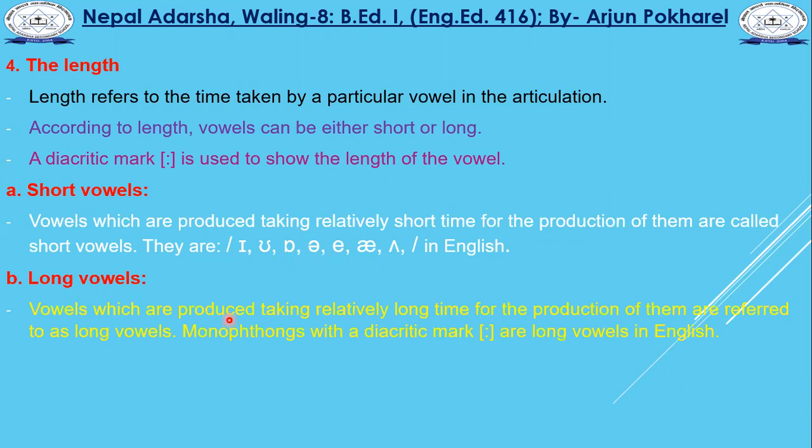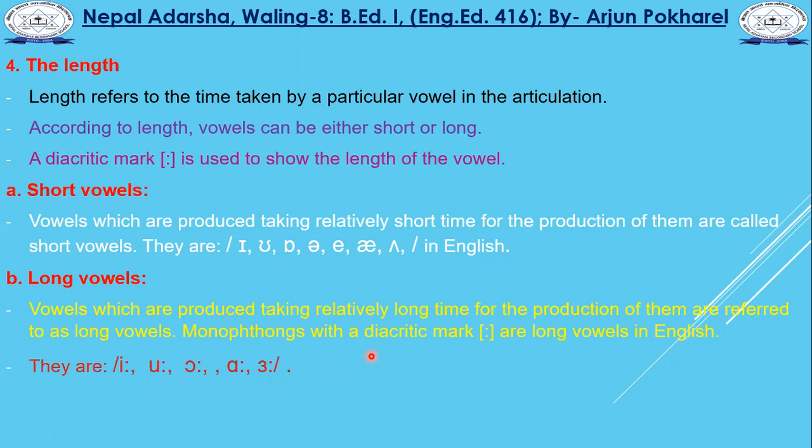Monophthongs with the diacritic colon mark are regarded as long vowels in English. They are the long vowels in English.